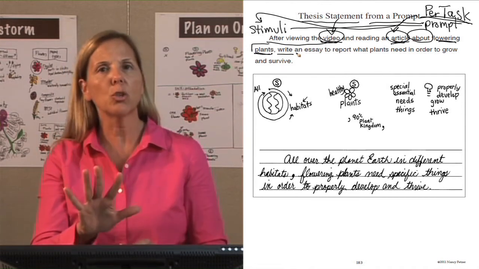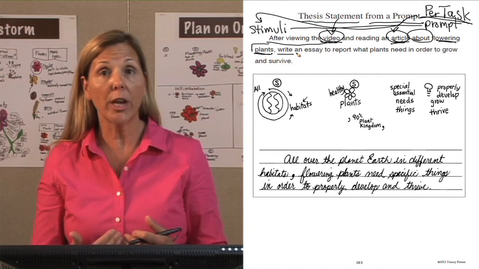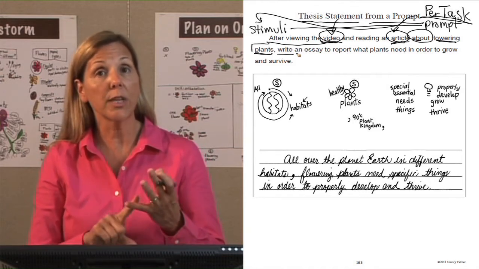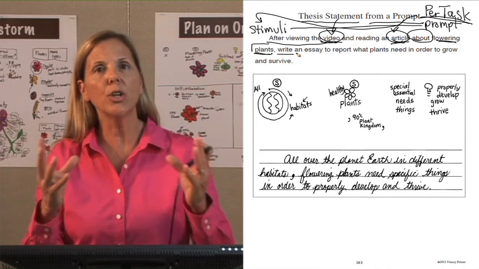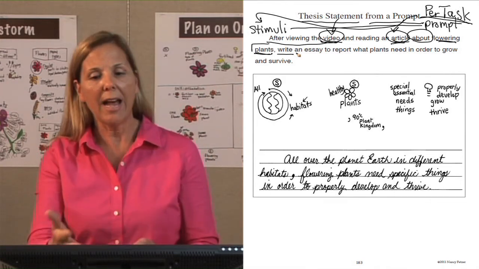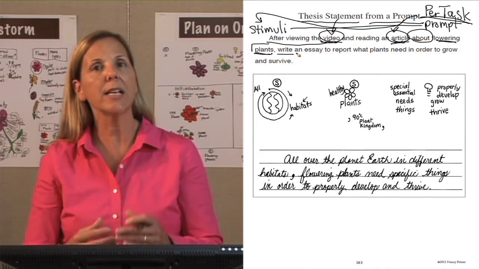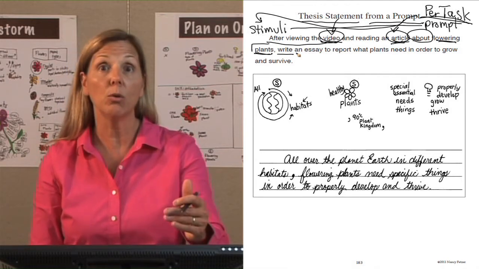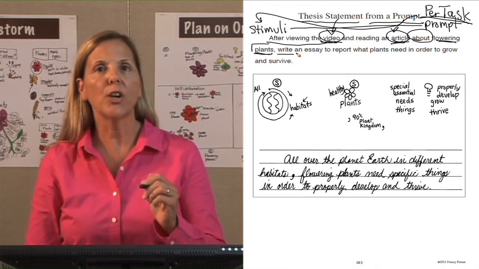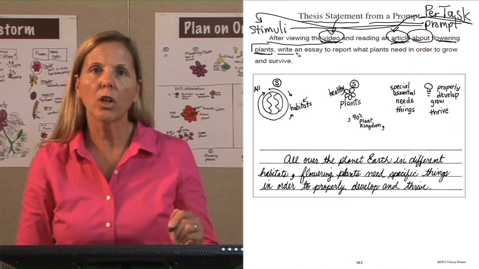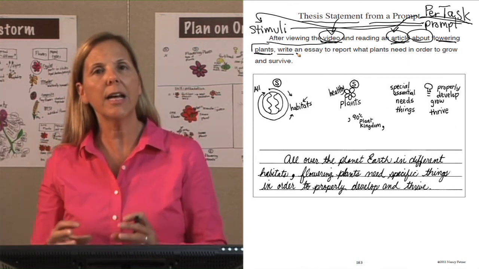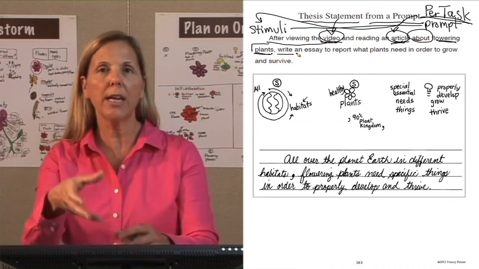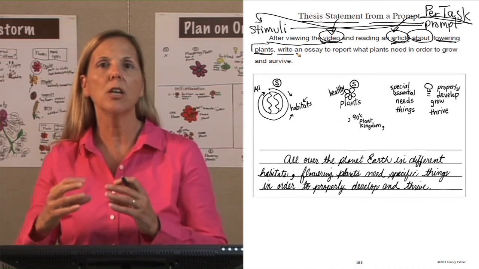Now let's go back to the real classroom. I suggest when you are reading your textbook, any articles, seeing any videos in your unit of study, you could have this question and they could write an essay about what they've read or viewed. This is a great way for you to take your classroom instruction and format it so they get accustomed to stimuli, a performance task question, write about it.